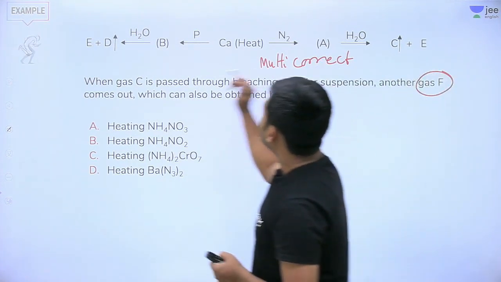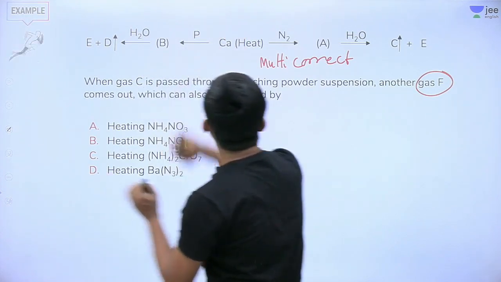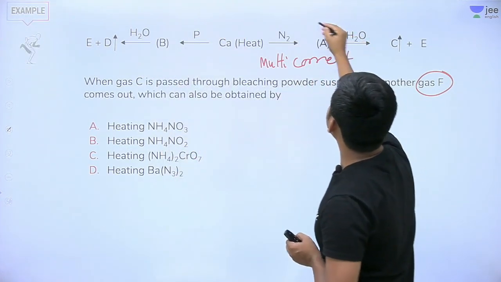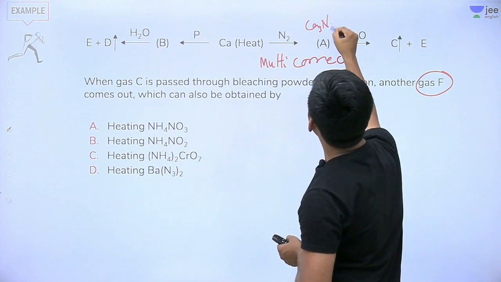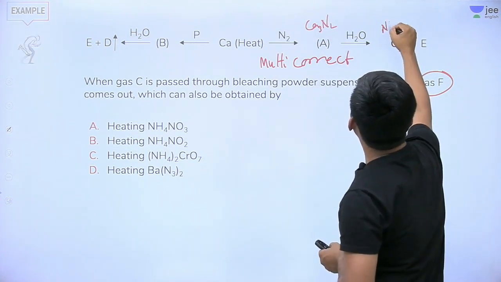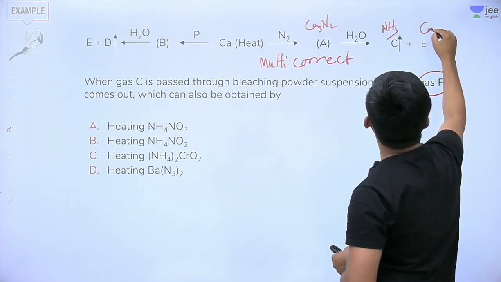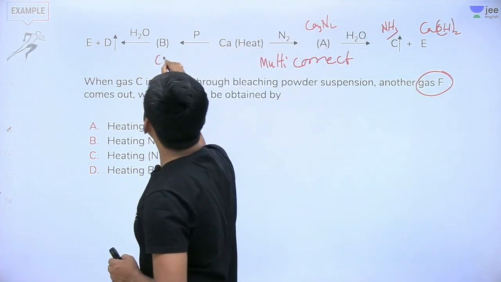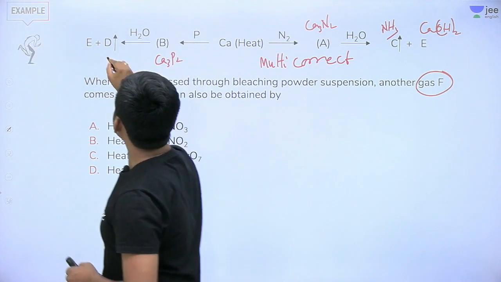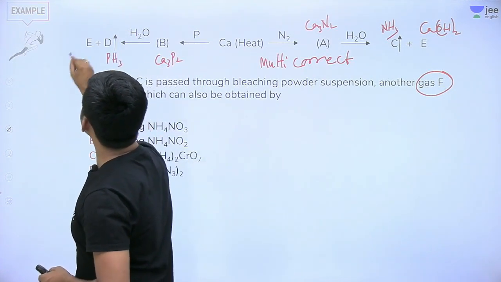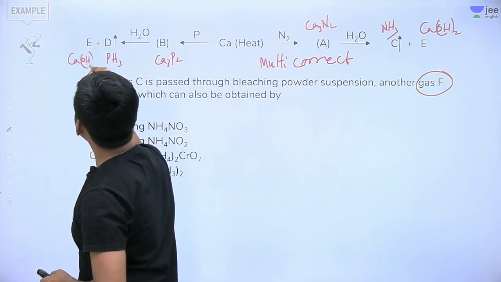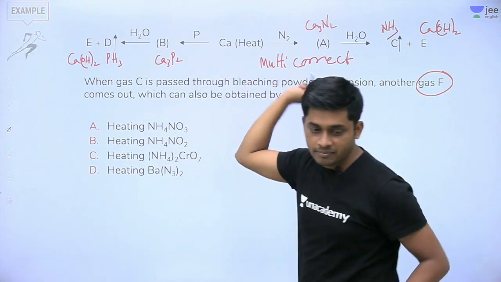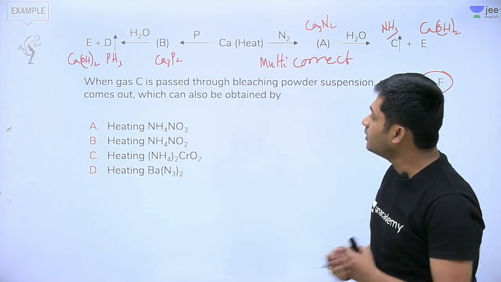Gas B we don't require, only calcium. Here Ca3N2, here NH3. Very good. This is calcium hydroxide. But if you do phosphorus, Ca3P2, this is PH3, this is calcium hydroxide. E same.